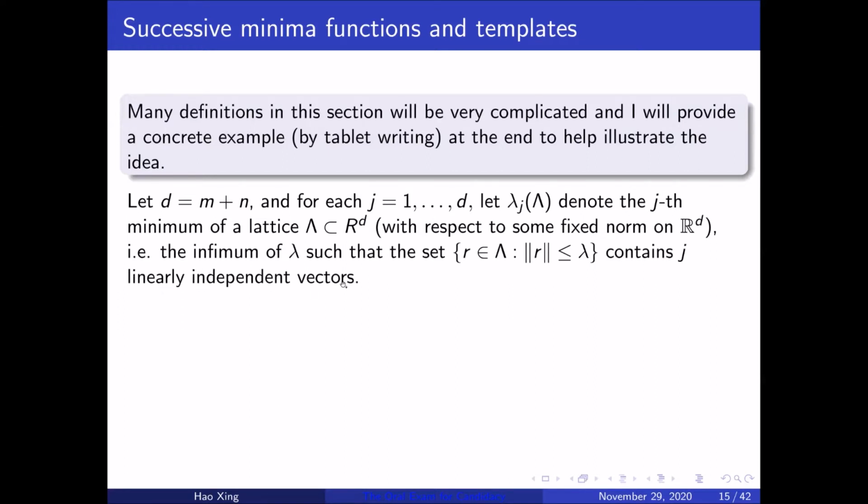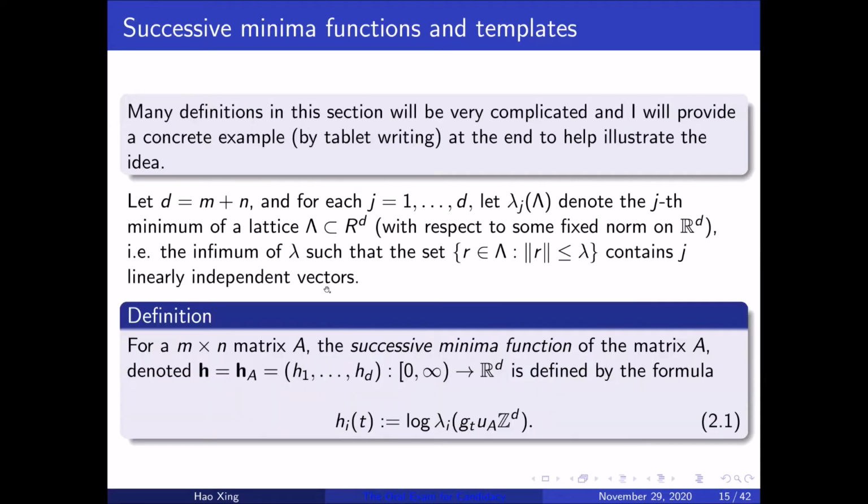So for an m by n matrix A, the successive minima function of the matrix A, denoted as a vector valued function from positive numbers to R^d, is defined by the following formula.